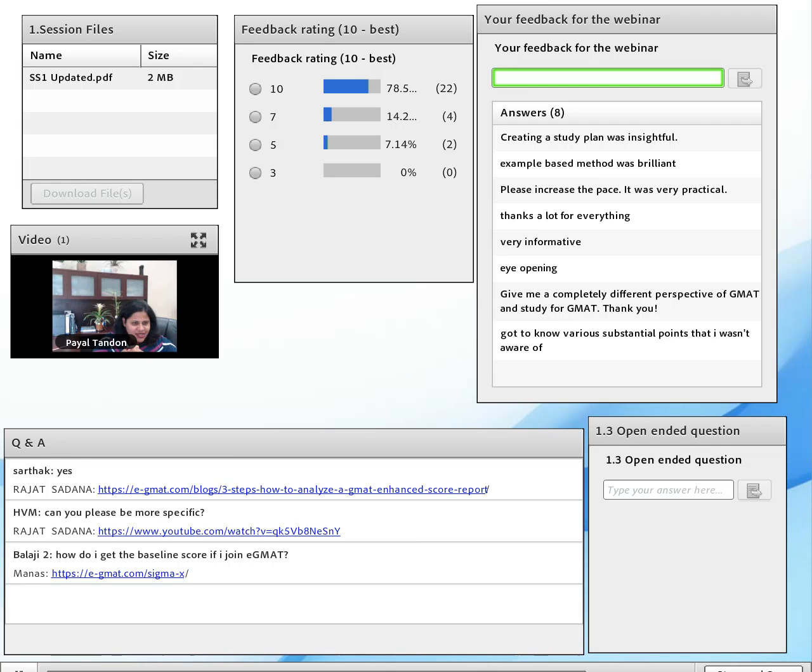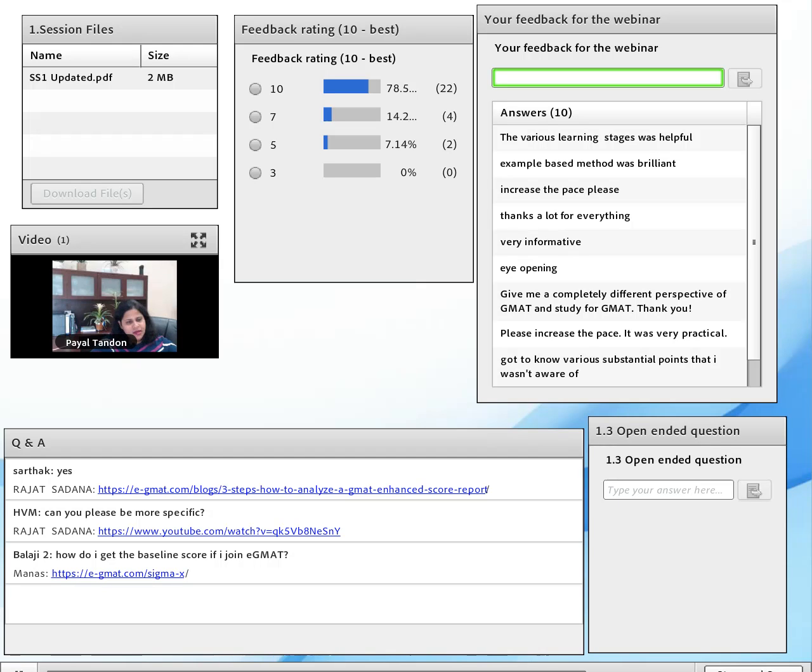I have a question here. Are the SigmaX marks in the GMAT Club test included in the e-GMAT verbal course? Yes, they are. In the solution, there is no way to just see the question without the solution. It would help to attempt a question again before seeing the solution. Otherwise, one has to go through the complete test again to get to the question alone. We can take that feedback, definitely.